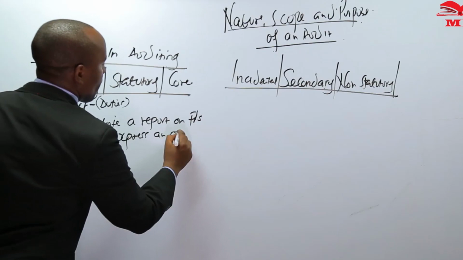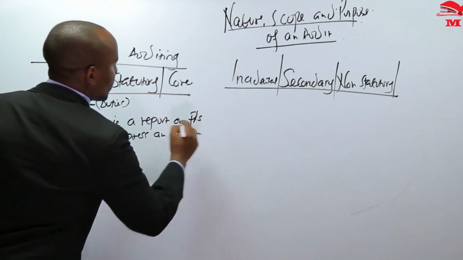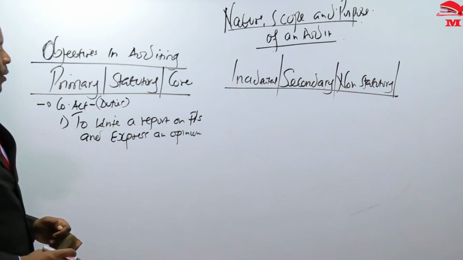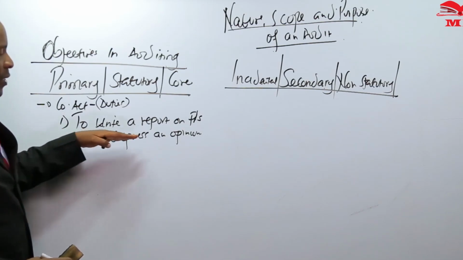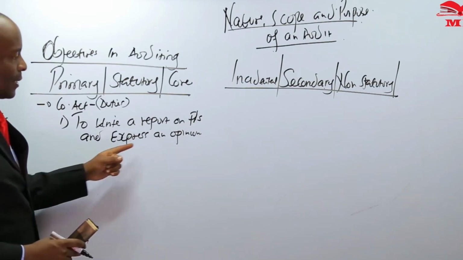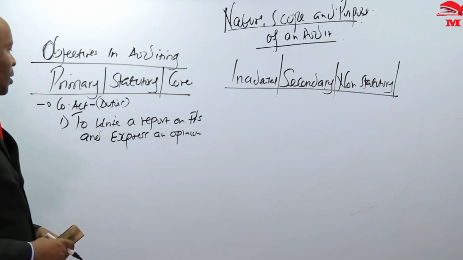That is where we derive the first objective of an audit: your main work is to write a report concerning the company's financial statements and then tell us something about those financial statements.